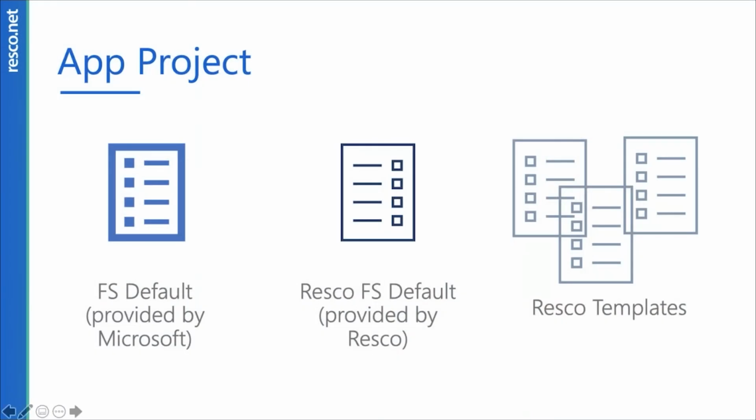Okay, so let's move on a little bit. And I promise that I'll try to explain the concept of application projects a little bit more. As we already talked about, the application project is a definition of all the configurations and all the little pieces that are included in the application.